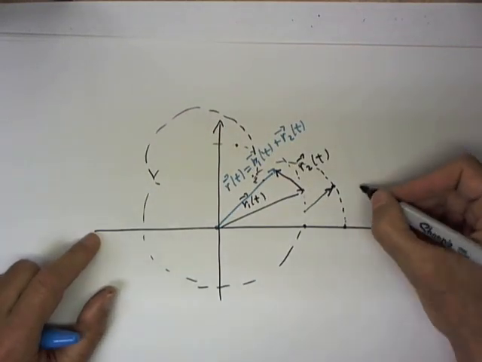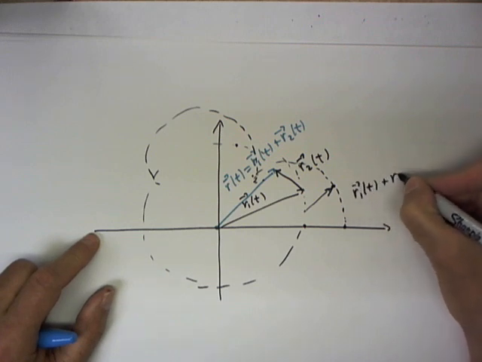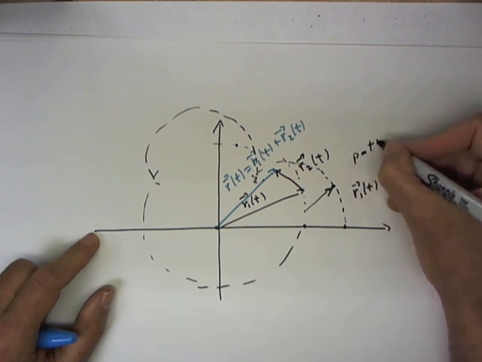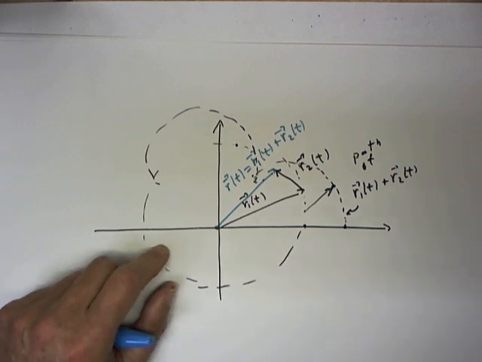And that would be the path described by the vector function r1 of t plus r2 of t. We'll look at how we might do this mathematically in the next clip.